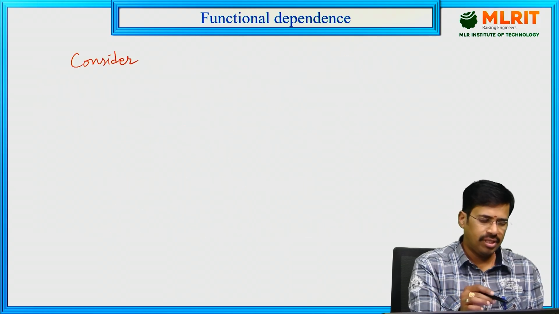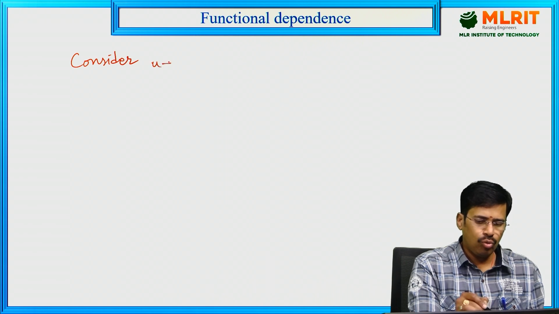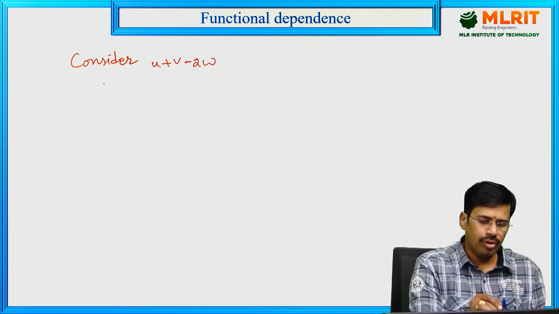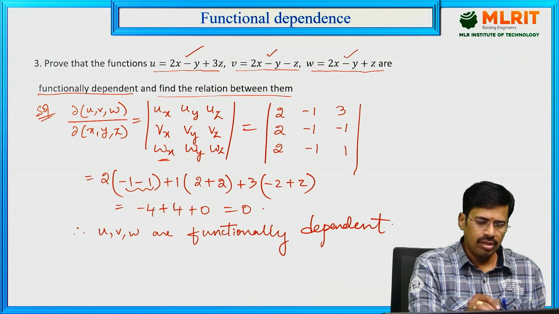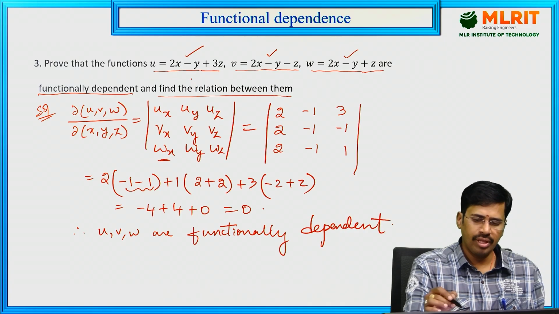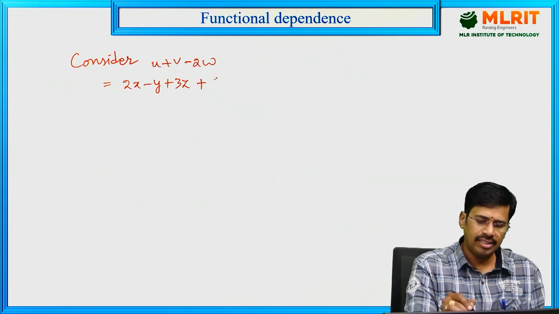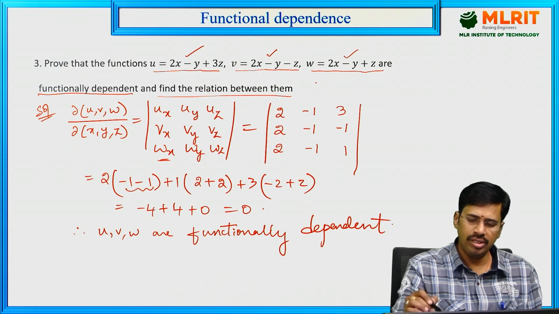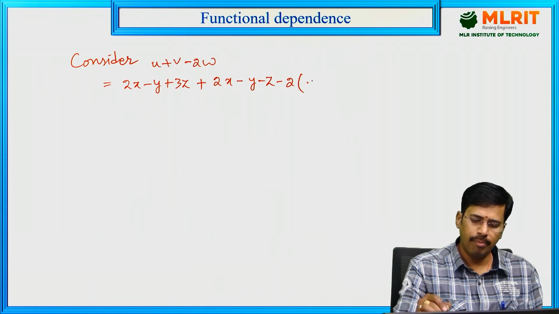So if we observe u plus v minus 2w, so u means what? 2x minus y plus 3z, plus v means what? 2x minus y minus z, minus 2 into w means 2x minus y plus z.